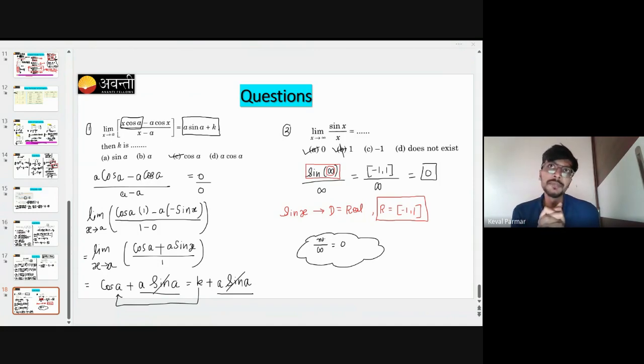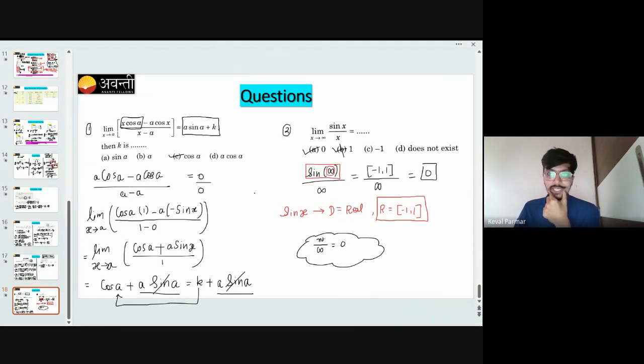Until now, we have been using the 0 upon 0 form and the infinity upon infinity form, right? So I guess it is now time to take other indeterminate forms. So here I have an interesting example. I'll take only one example because it's almost time up. But let me take an example.